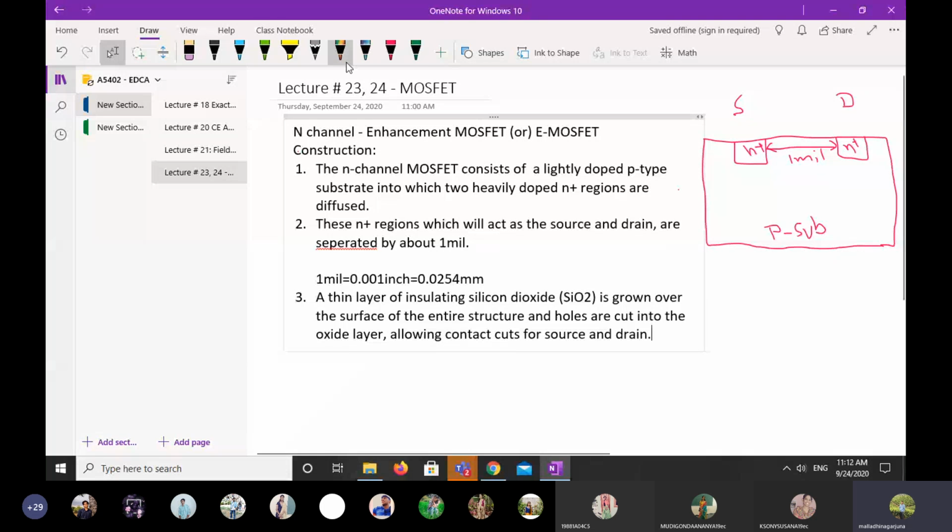So over the surface we are placing one silicon dioxide layer. What is this? This is SiO2, silicon dioxide. Okay, and some holes are cut into the oxide layer, allowing contact cuts for source.